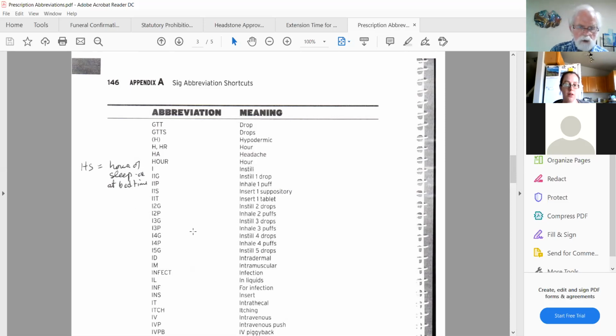That's why in hospital records, many hospitals have banned the use of any abbreviations because there are so many variants of abbreviations that there are mistakes made on a regular basis. So hospitals have learned the hard way to get rid of abbreviations in medical records. We should think very strongly about our use of abbreviations in the medical records when we are dealing with patients in a clinic even, because you don't want any confusion.